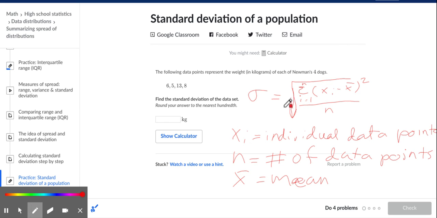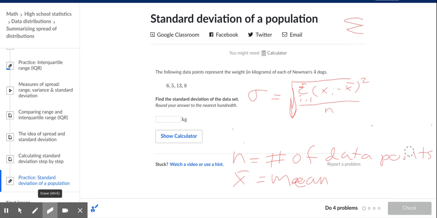The sum symbol, which I sloppily drew right here, is uppercase sigma. Standard deviation is lowercase sigma. You don't really need to know that. You just need to know that this means population standard deviation and this means sum. But I digress. Anyway, let's try actually calculating this stuff.